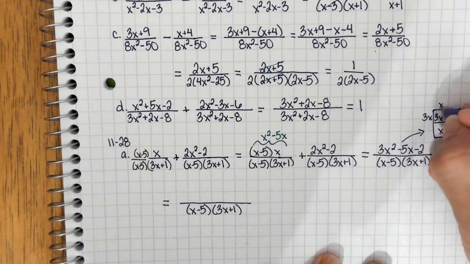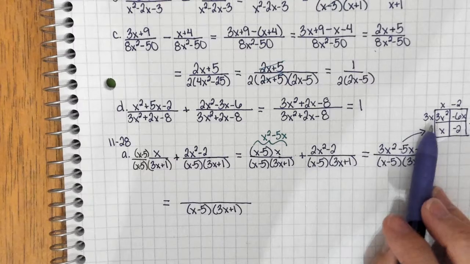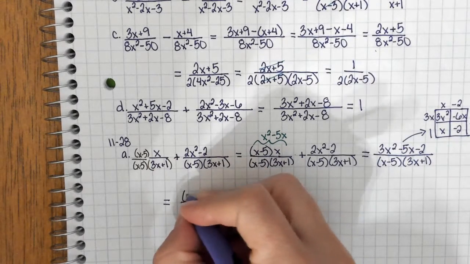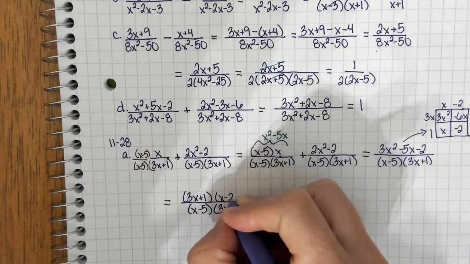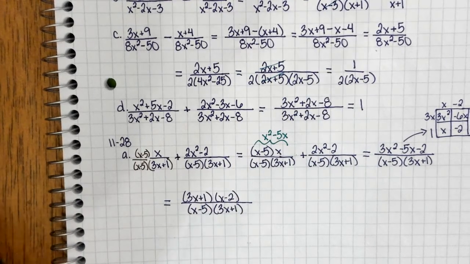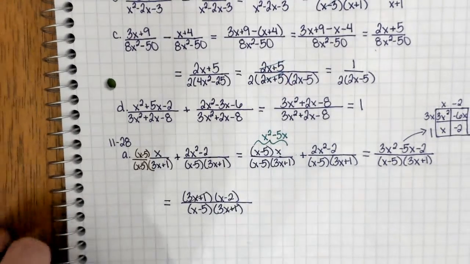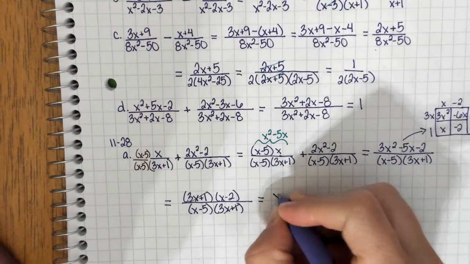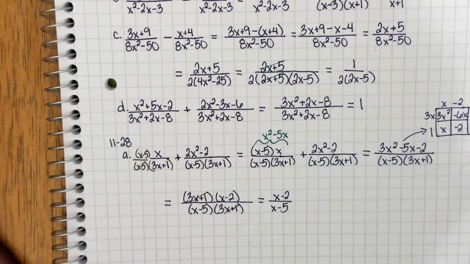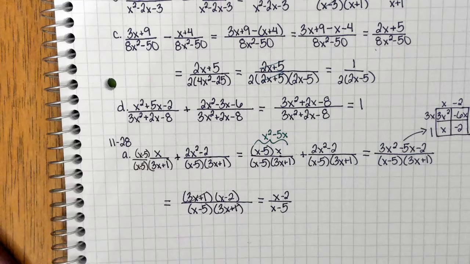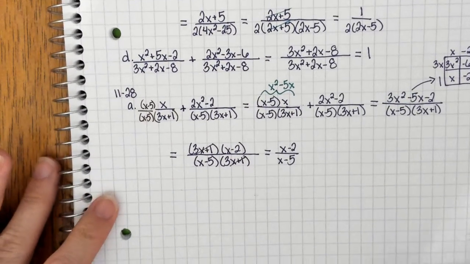So kind of going a little bit quickly here. But I see that it factors into 3x plus 1 and x minus 2. Which my 3x plus 1's crossed out, and I'm left with x minus 2 over x minus 5. Whew, that was a lot for one.